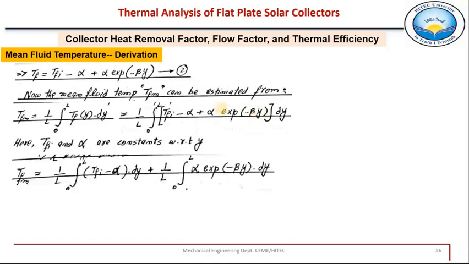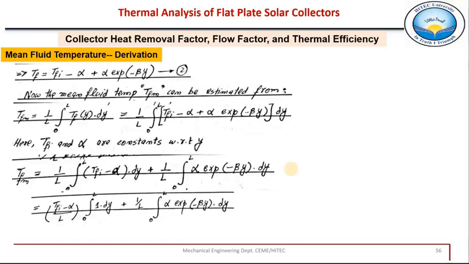So now we shall further rewrite this equation. Here TFI minus alpha is written separately, that is a constant. Then 1 over L is multiplied with this term separately, alpha into exponent of minus beta y into dy. So now this is the next step. Now we shall do the integration.